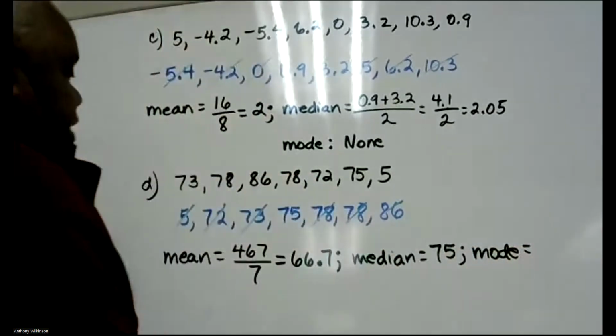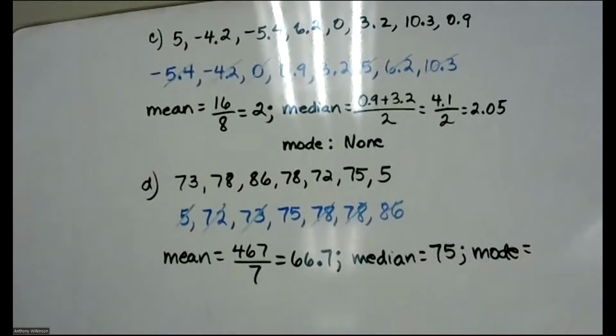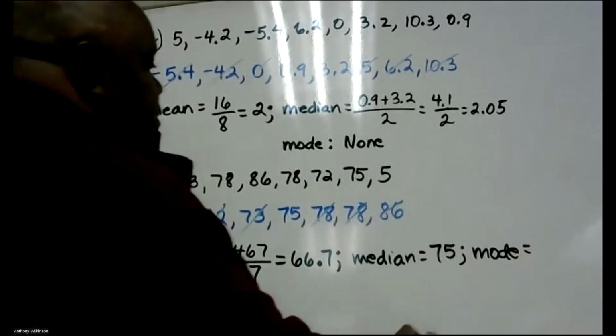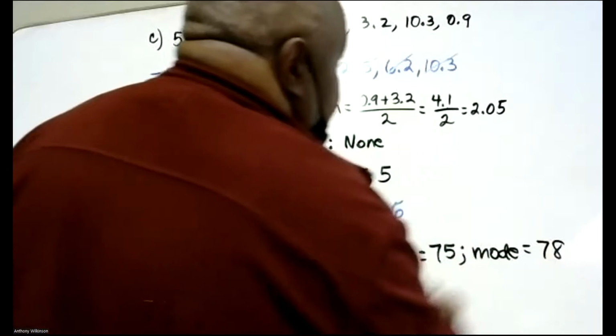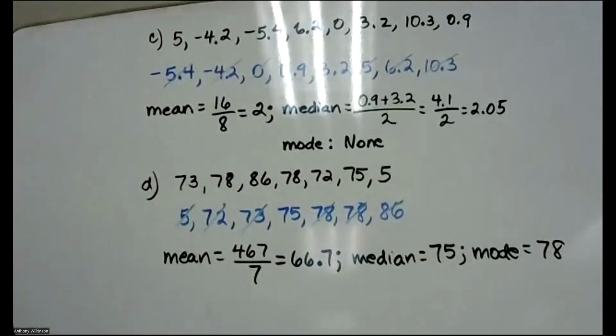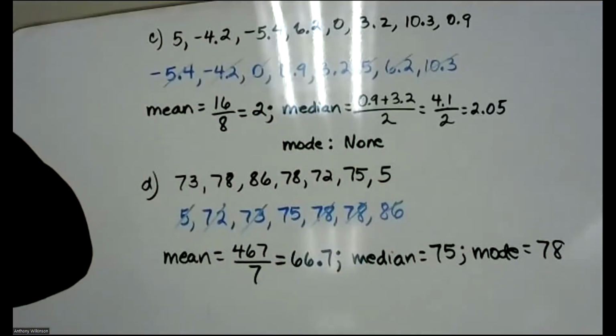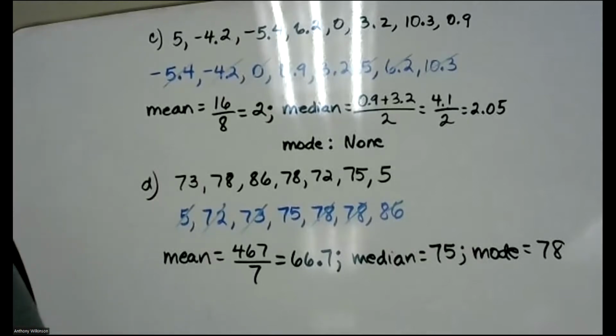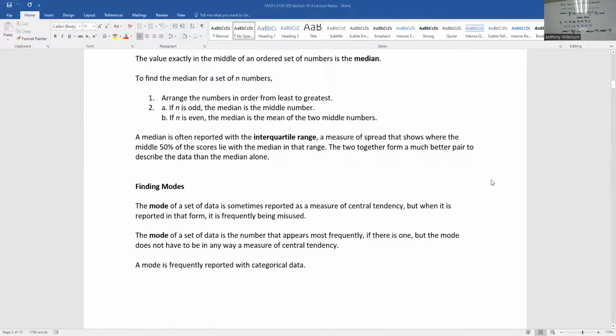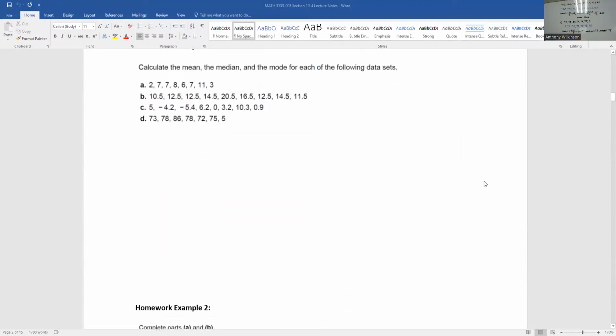What would be the mode for this data set? 78. So the mode there will be 78. Okay. All right, any questions about example number 1? Okay, so that's the first one.